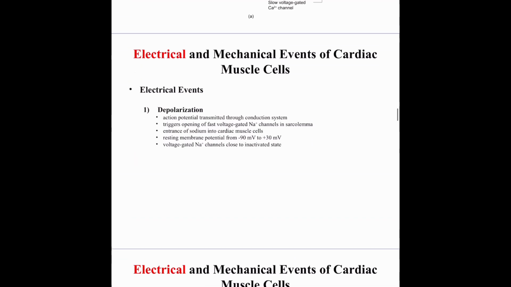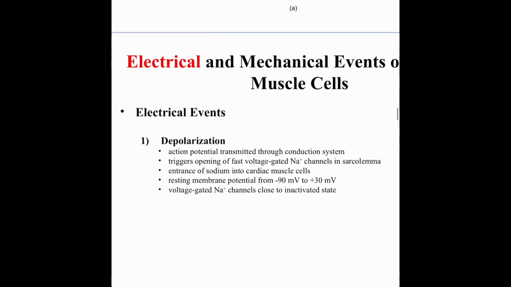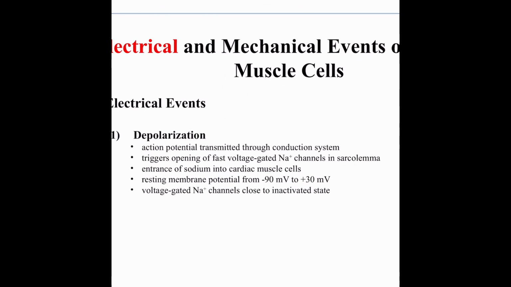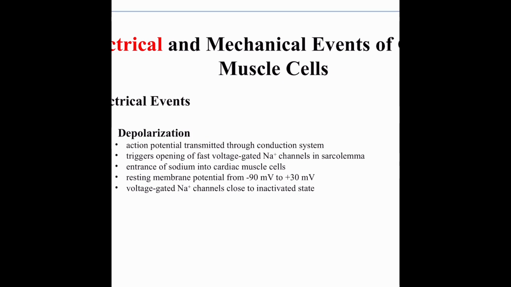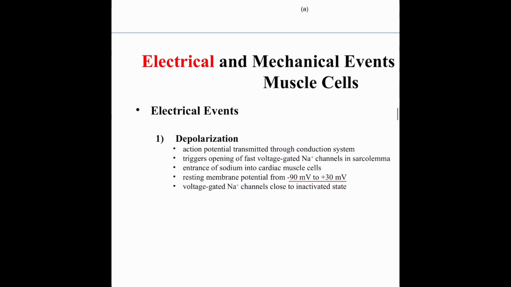It's extremely different from our nodal cells that needed to reach threshold with sodium, flow in calcium, and then flow out potassium. So here we'll read depolarization: the action potential transmitted through the conduction system triggers opening of fast voltage-gated sodium channels in the sarcolemma. The entrance of sodium into cardiac muscle cells moves the resting membrane potential from negative 90 to positive 30. So these essentially are the depolarization.